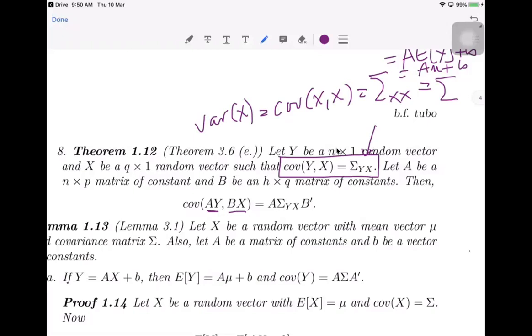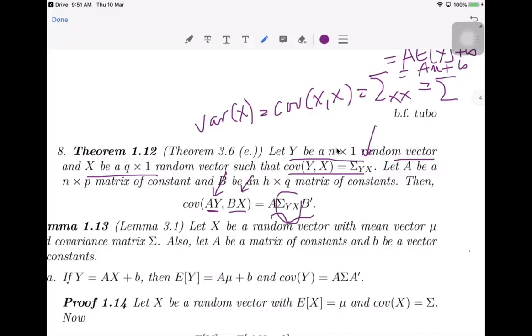But if we are dealing with two different random vectors here, x and y are defined as random vectors, q by 1 and n by 1. So y is an n by 1 vector, x is a q by 1 vector, so that it has its corresponding covariance matrix. Then the covariance of this transformation, ay and bx, will be equal to this.